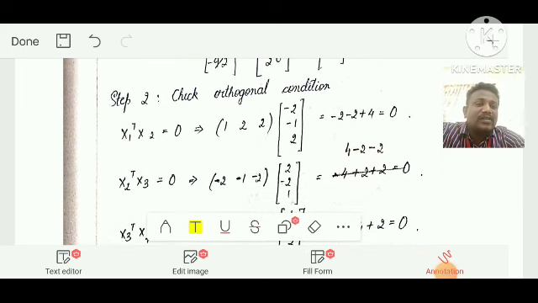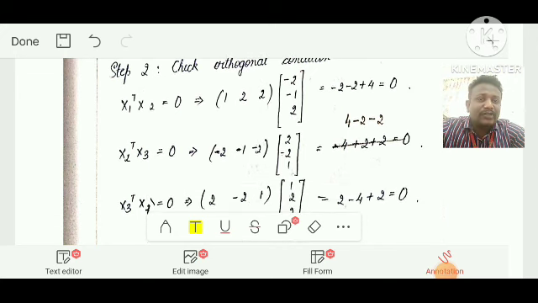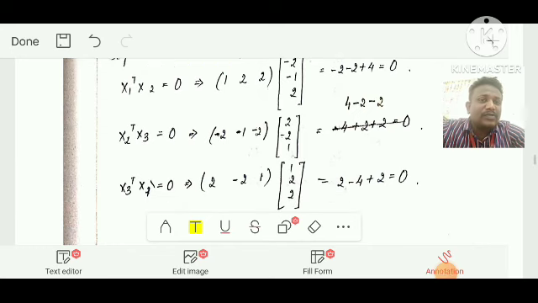Now we are going to verify whether our eigenvectors are correct or wrong with the help of the orthogonal conditions. Here we have three orthogonal conditions, and we need to verify all of them. First, x1 transpose x2 is equal to 0.